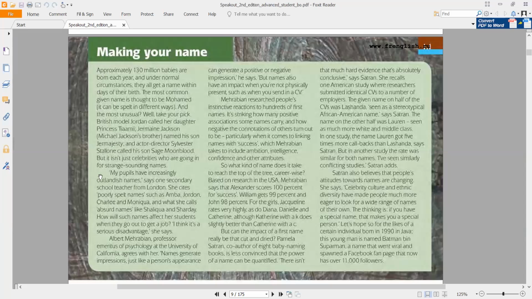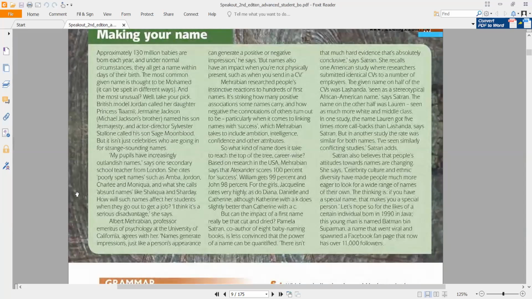Let's continue. I will read the next paragraph. My pupils have increasingly outlandish names, says one secondary school teacher from London. She cites poorly spelled names such as Amber, Jordan, Charlie and Monica, and what she calls absurd names like Shakwala and Sharday.